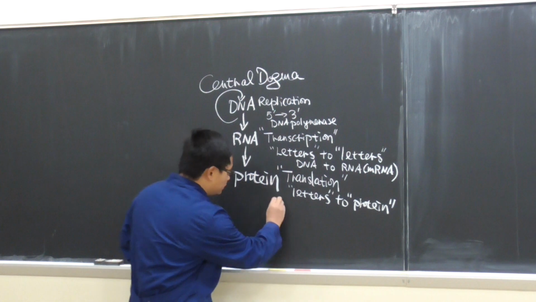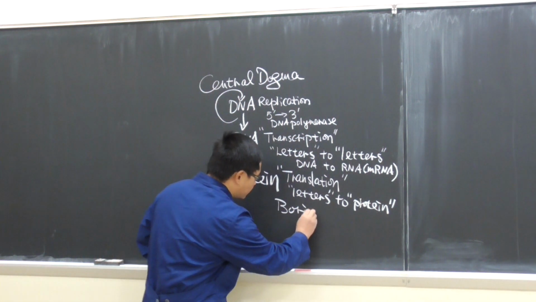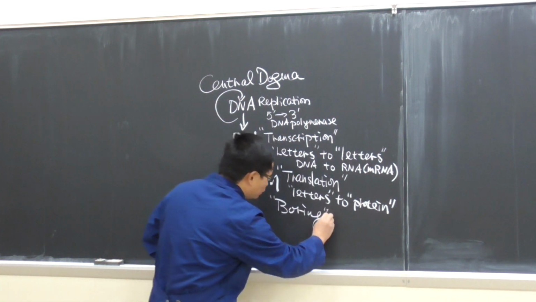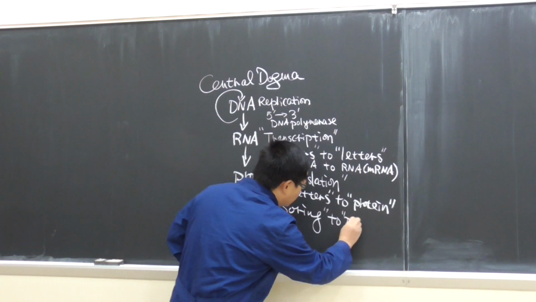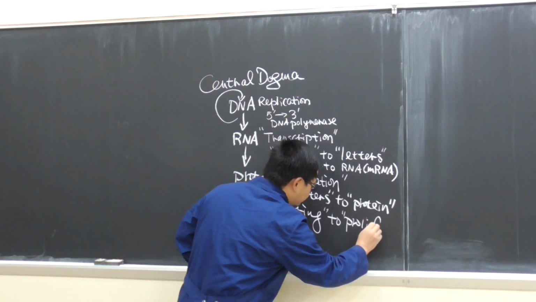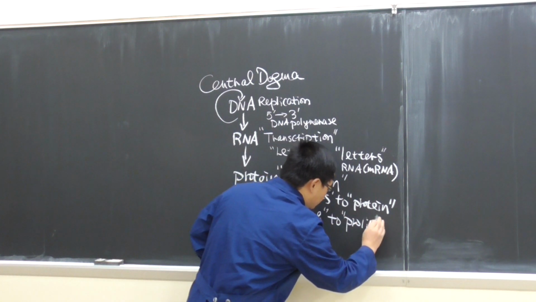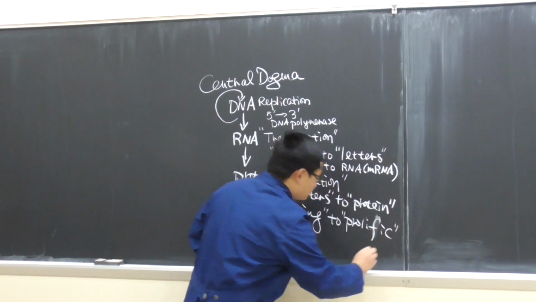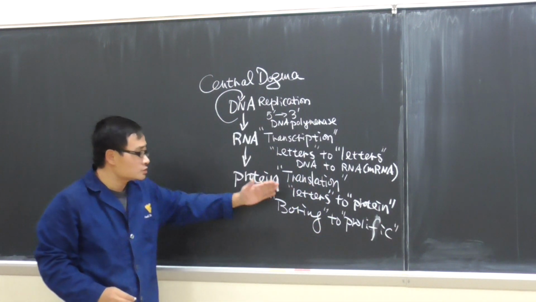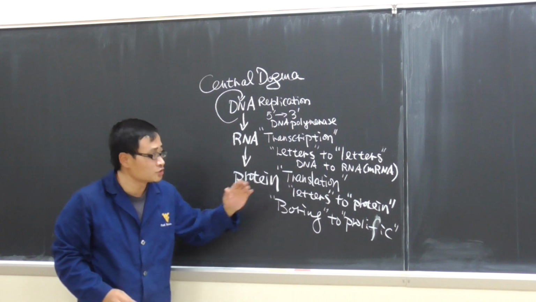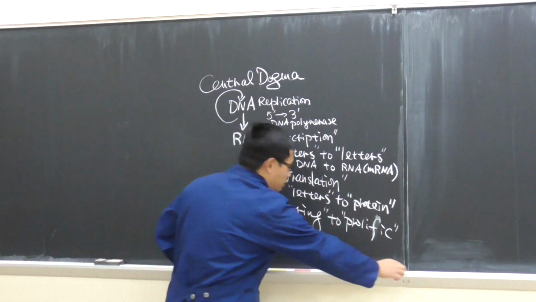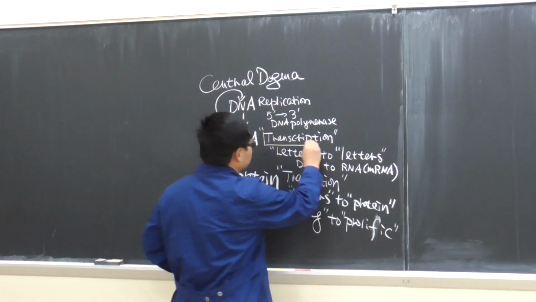So you understand this is also from a boring structure to a prolific life. So this is also part of the meaning for translation. Okay? So today we're going to focus on this transcription.